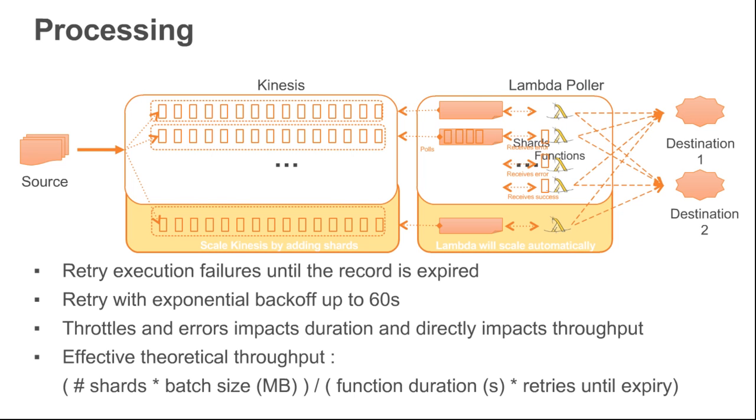If you are seeing problems with your Kinesis stream, one of the first things to look at is whether your Lambda function is suffering from any errors or throttles, and to really address those first. So to update the theoretical throughput calculations, it will be the number of shards times the effective batch size divided by the function duration and also any retries until the record expires.